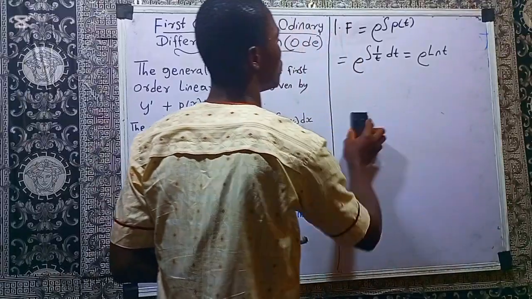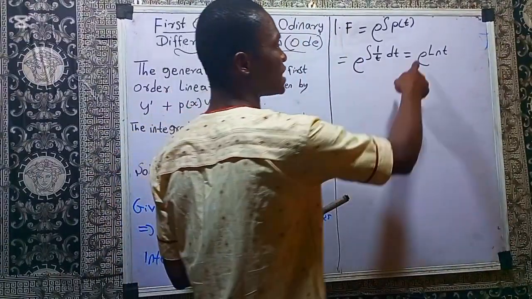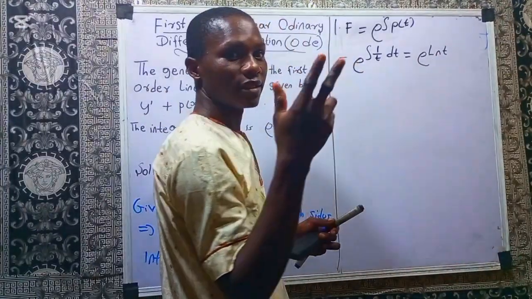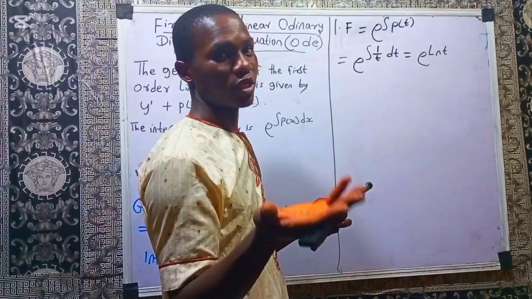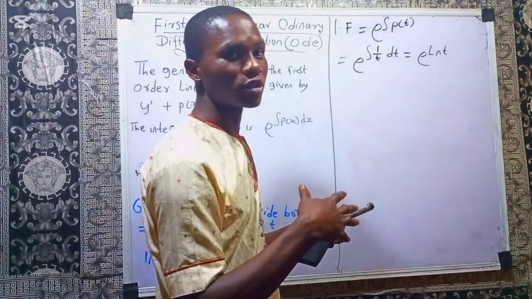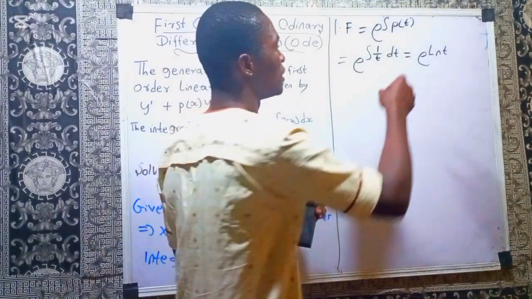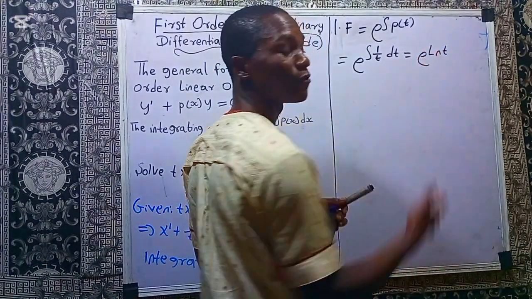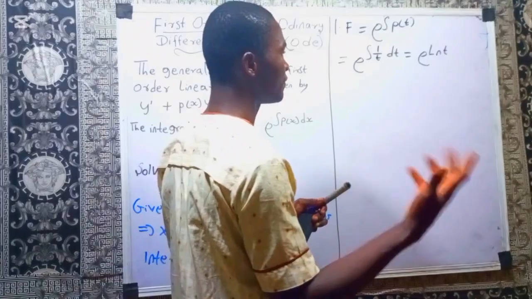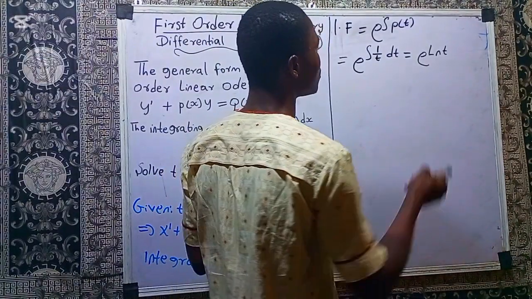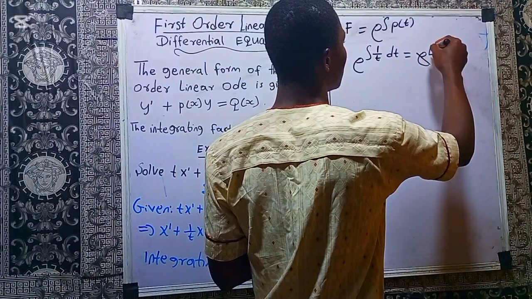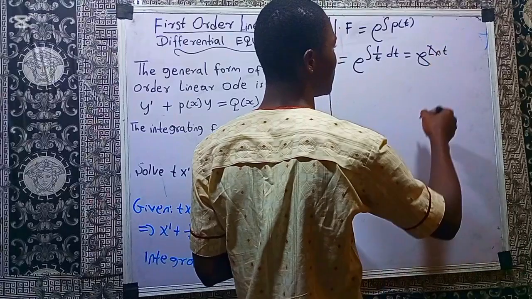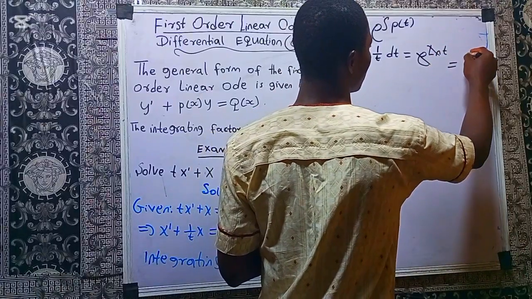Now, ln and exponential are inverse functions of each other. That means exponential and ln will get cancelled. So when the exponential cancels the ln, what will be left is t.